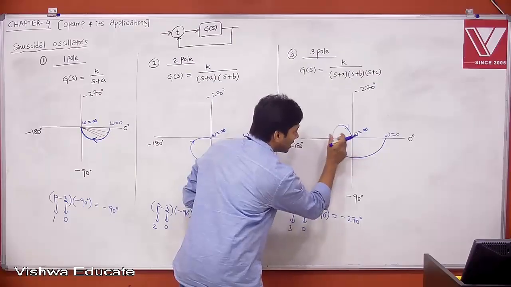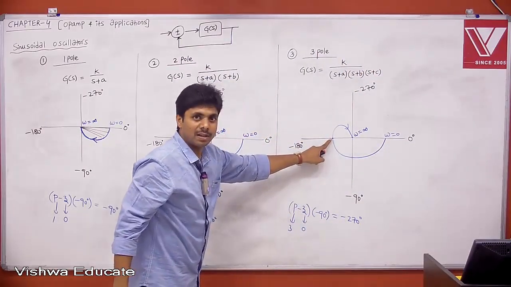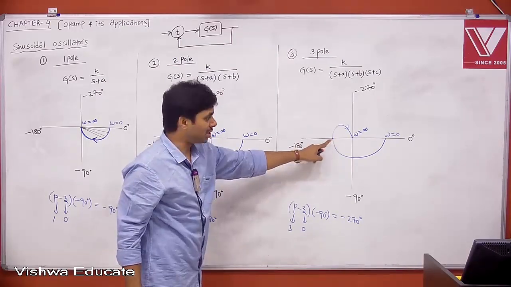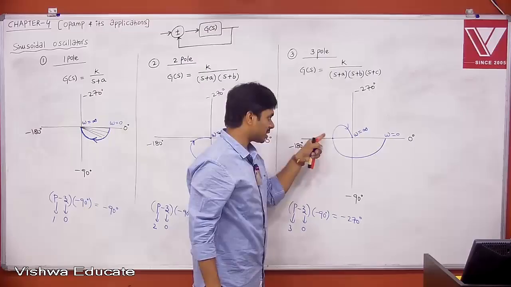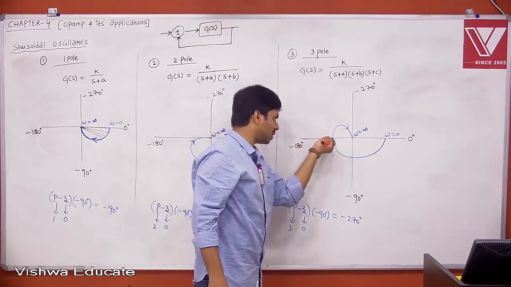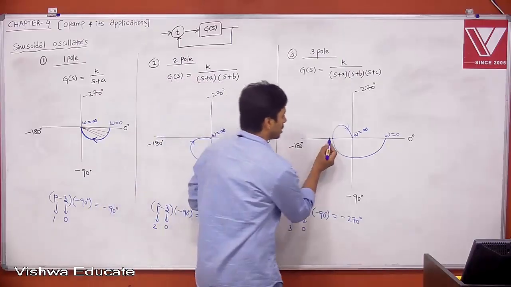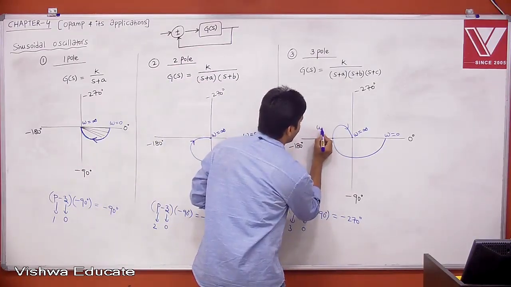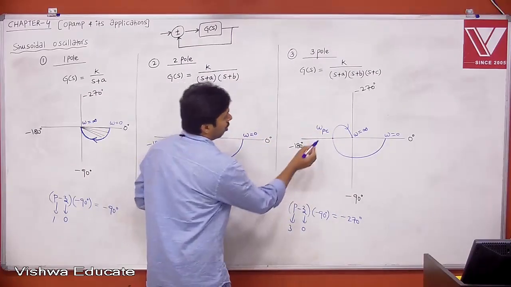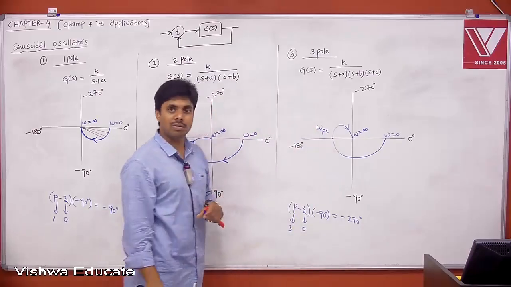This is nothing but your phase crossover frequency, the frequency at which the system's phase shift is 180 degrees. People call it omega PC. At what frequency it is crossing 180 degrees, that is your phase crossover frequency.